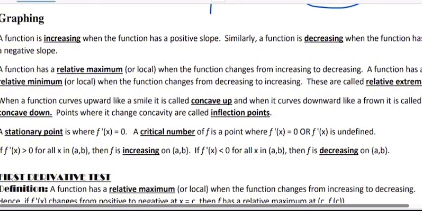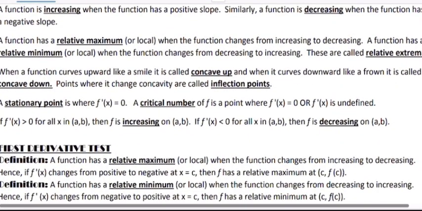And of course, you can also have a stationary point. When you have a given function and you differentiate with respect to x and set that to 0, that is going to be a stationary point. We can also get a critical number. The critical number of f is a point where that derivative is equal to 0.